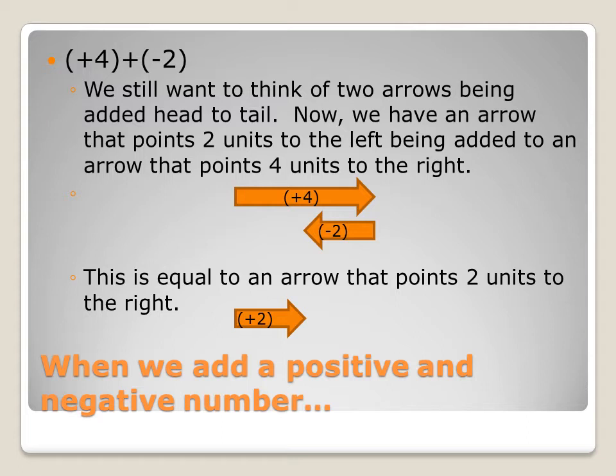If you watched me move 4 units to the right and then 2 units to the left, you would say that it is as if I only moved 2 units to the right. So a 4 and a negative 2 add together to create the equivalent of moving 2 units to the right. These are arrow diagrams that show why 4 plus negative 2 is positive 2.